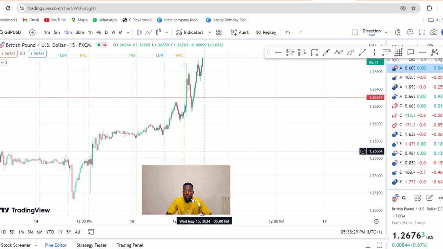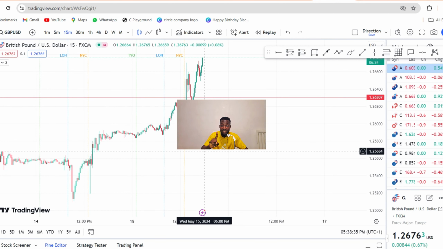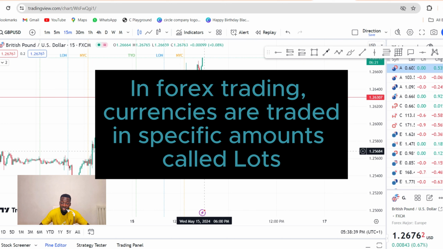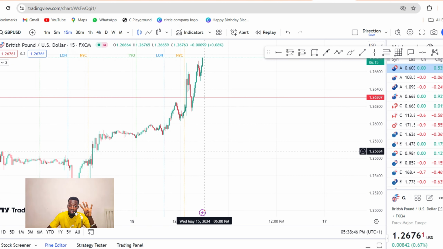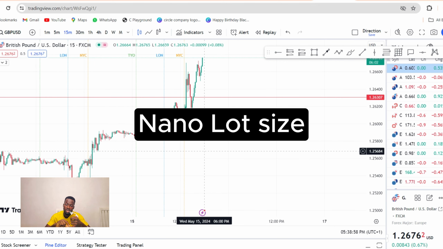So we're going to start by first talking about lot sizes. Let's get to the business. In forex trading, currencies are traded in specific amounts called lots. There are 4 common types of lot sizes: the standard lot size, the mini lot size, the micro lot size, and the nano lot size.